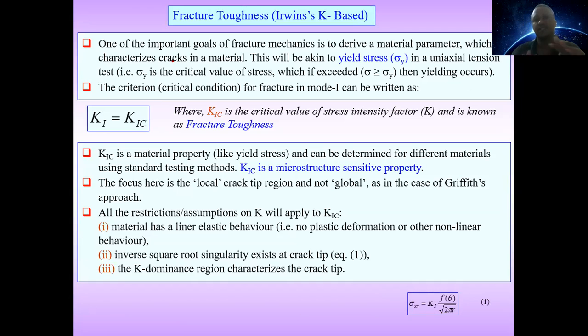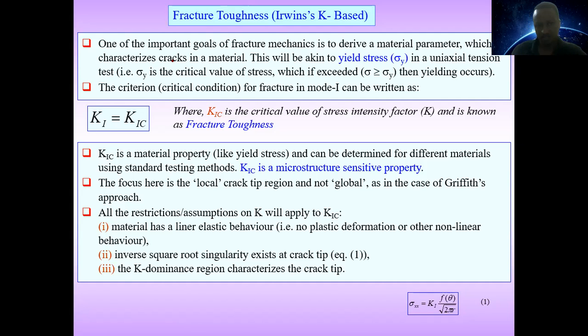Fracture toughness, that is Irwin's K-based. One important goal of fracture mechanics is to derive the material parameter which characterizes cracks in the material. This is analogous to the yield stress sigma y in the uniaxial tension test. Sigma y is the critical value of stress, which if exceeded, sigma greater than sigma y, then yielding occurs.